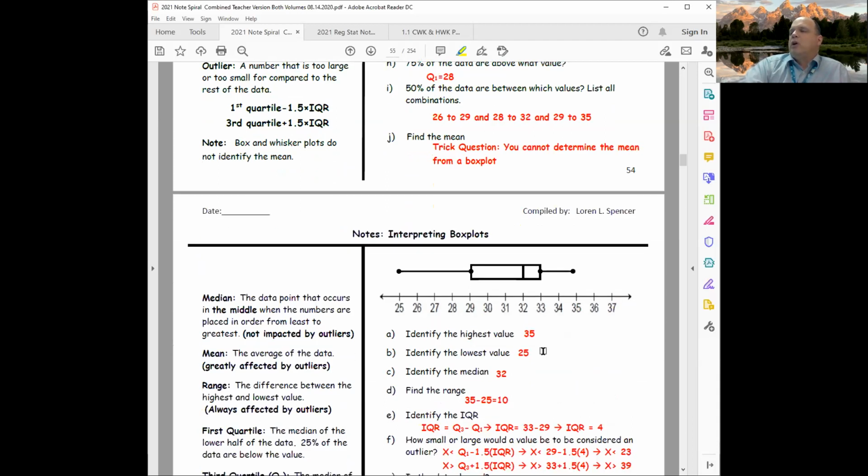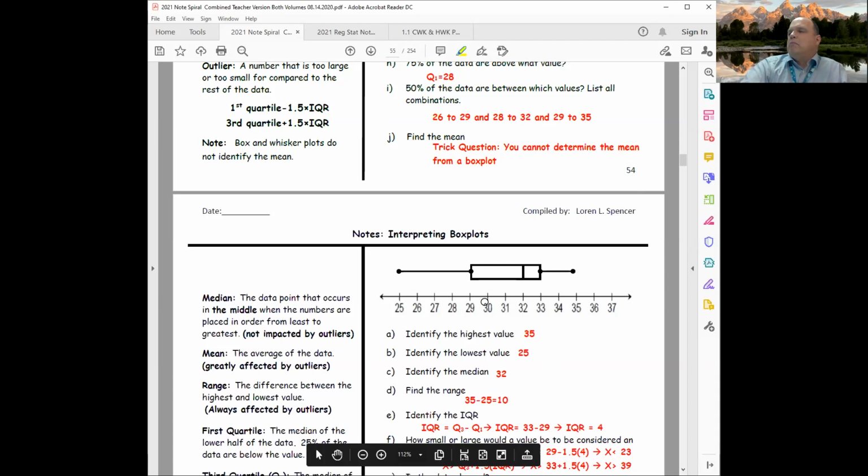Now the tricky part. How small or large would a value need to be considered an outlier? If we look at the bottom of page 54, we see that Q1, or first quartile, minus 1.5 times the IQR. Well, Q1 is 29.